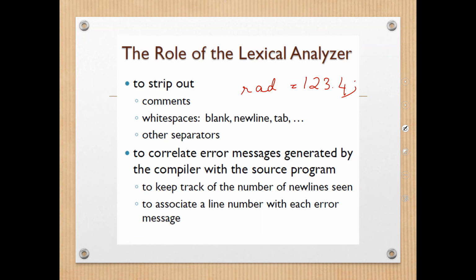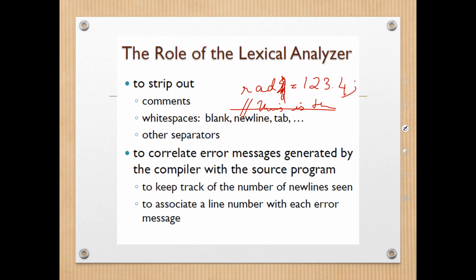The first job is, imagine you have any comments. This is the radius. Imagine you write a comment like this. The comment is stripped off because that is not going to have any effect on your program. Together with that, look here, I have a small space over here, which has no effect in my program.